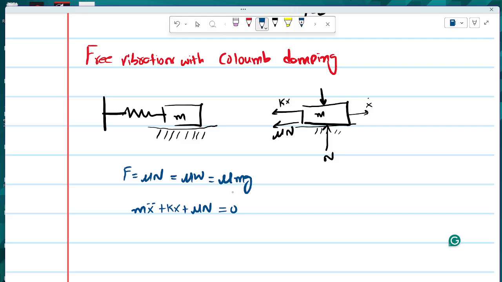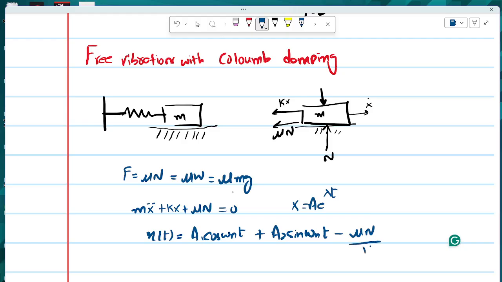Because that's a second order homogeneous equation, you can again use the same x equals A e to the power lambda t, take the double derivative and substitute. You will reach the general solution expression: a1 cos of omega n t plus a2 sine of omega n t minus mu N over k. That is the general expression for the solution of such a system.